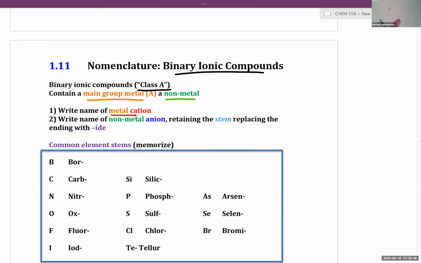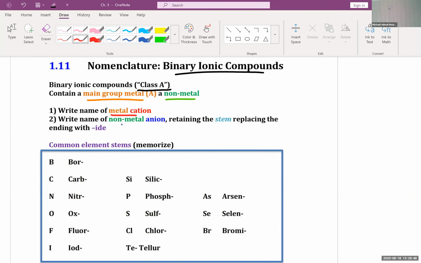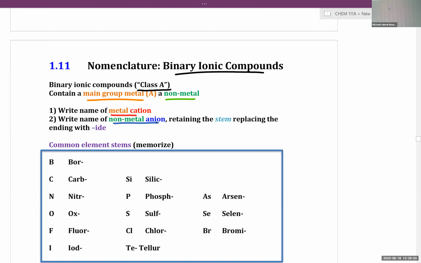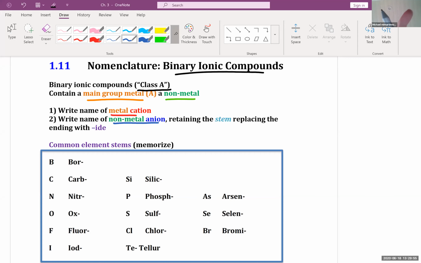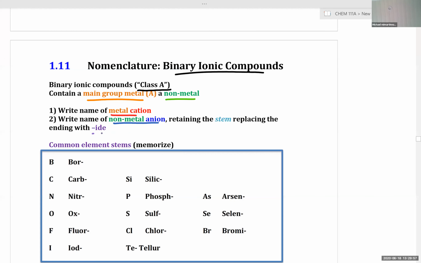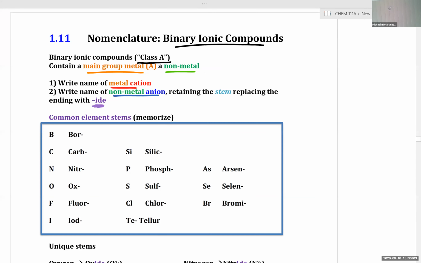Next, you're going to write the name of your non-metal anion, and you're going to replace the ending with IDE. Now, you're going to need to memorize the common stems in element names, which are shown here.